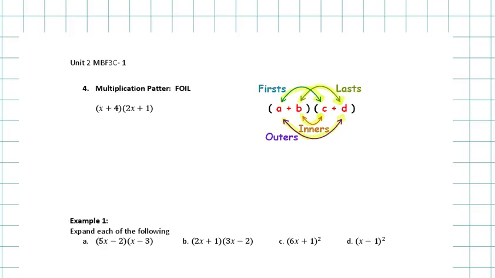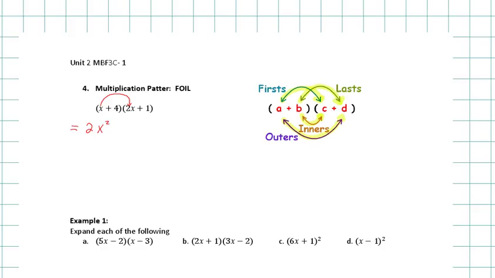Okay, so let's look at this. Multiply first: first term times the first term. What do I get? 2x squared. So that's my first. What are my outer two terms? x and 1.